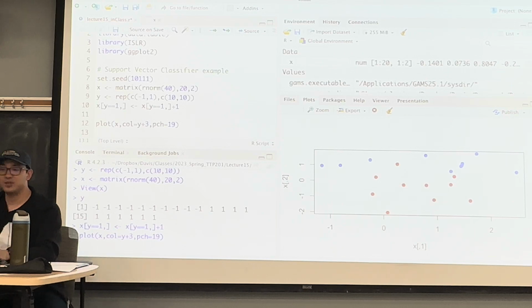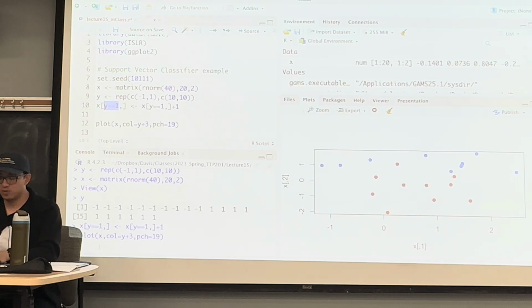Can you just really quickly explain what line 10 is doing? Yes. So I'm going to make an assignment to my x's, only to x's where y is equal to 1.